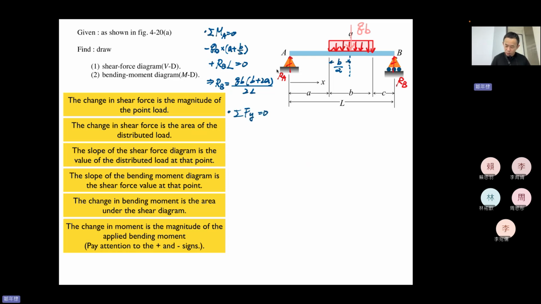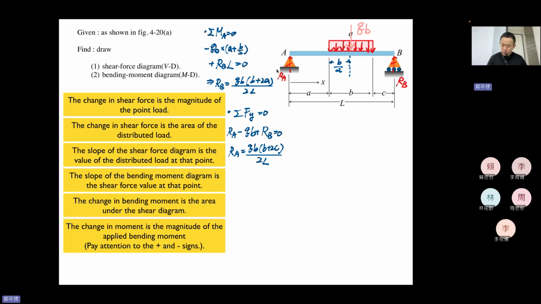Sigma Fy equal to 0, and RA minus QB plus RB equal to 0. So RA equal to QB times (B plus 2C) over 2L. So you see they look very symmetric, don't you think?